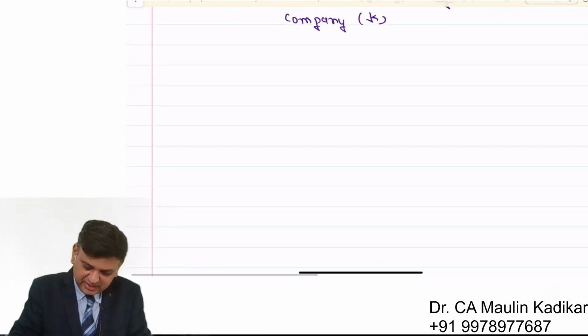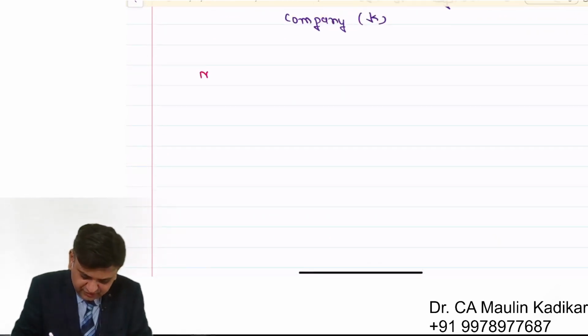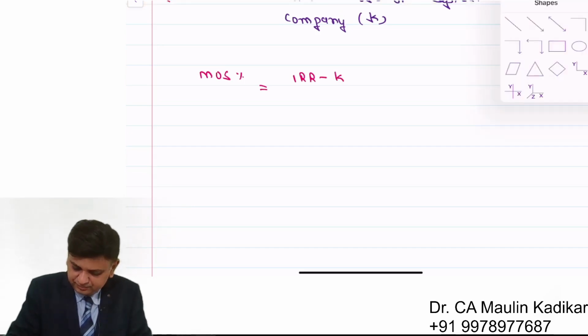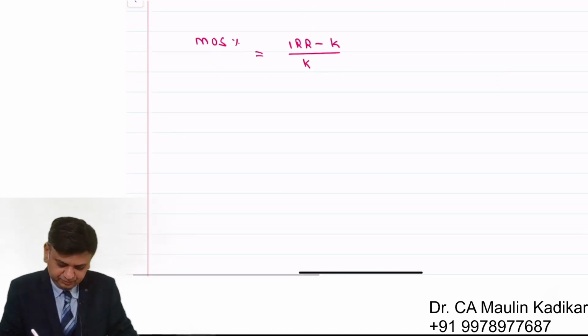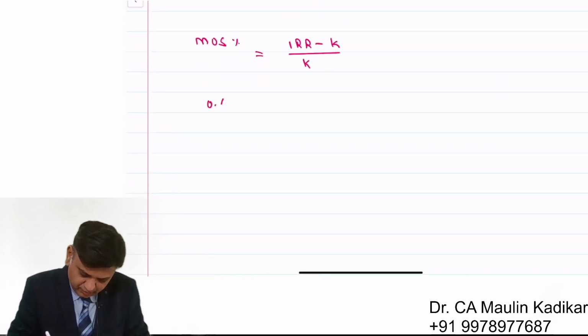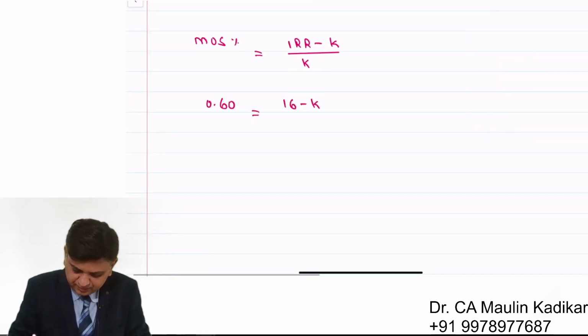So we can say something like this: margin of safety in percentage term is equal to IRR minus cost of capital divided by cost of capital. So 0.6 is equal to 16 minus cost of capital divided by cost of capital. That's it.